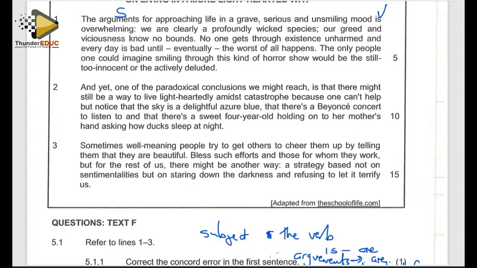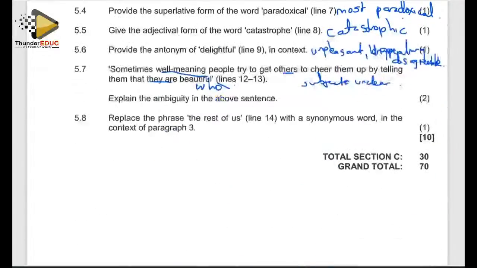For the rest of us, but for everyone. So our answer is everyone. It says a synonymous word, so we are not going to give a phrase as an answer. It becomes everyone. That's the synonymous word. Everybody also comes in. It's correct.